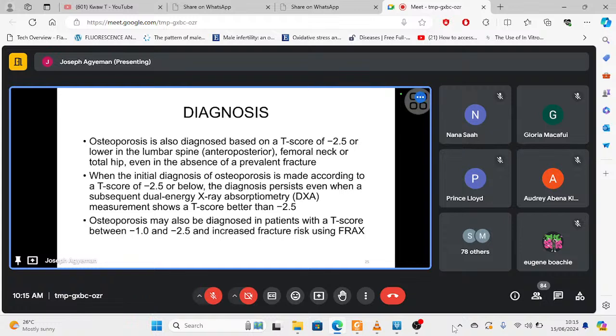So it means that dual energy X-ray absorptiometry measurement alone can also be used to confirm the presence of osteoporosis.